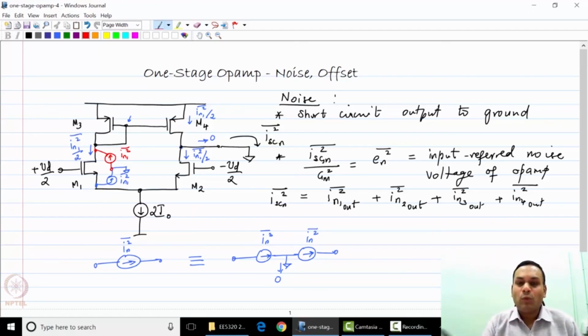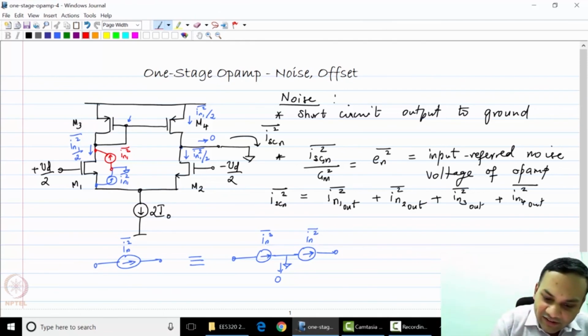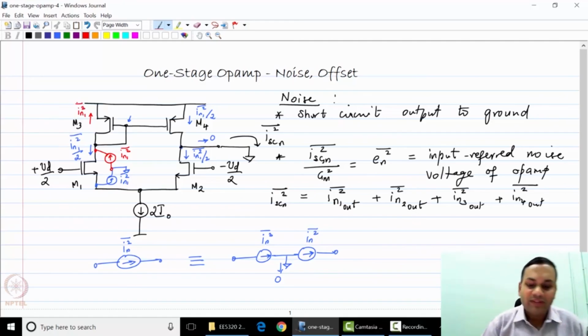M1 presents an impedance looking down at its drain of RDS, whereas M3 presents an impedance of 1 over GM3, which is a much lower impedance, and therefore most of the current is going to flow through this transistor.